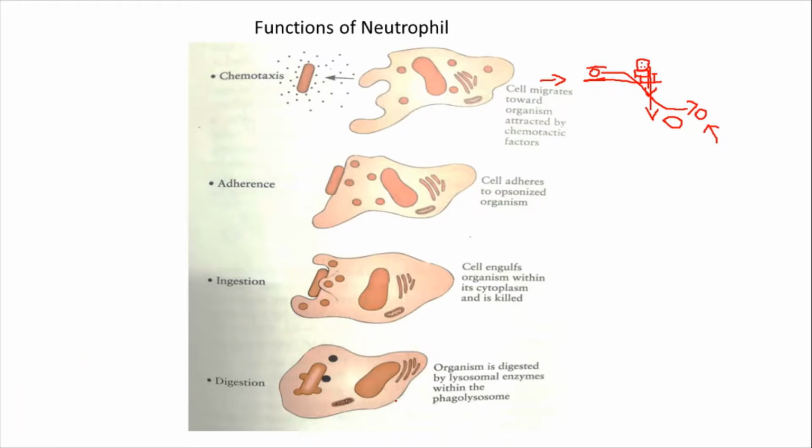The entire structure is called a phagolysosome. A phagolysosome is a temporary organelle containing the antigen fused with lysosome granules. Why are the lysosome granules fused with the phagocytosis granules?